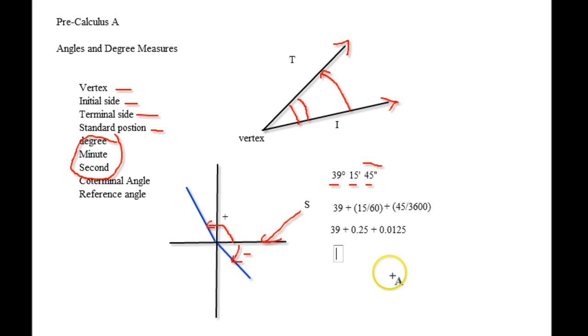And I should get 39.2625. And there's my version that I go to. So that's how you go from degrees, minutes, and seconds to an actual decimal version of it.